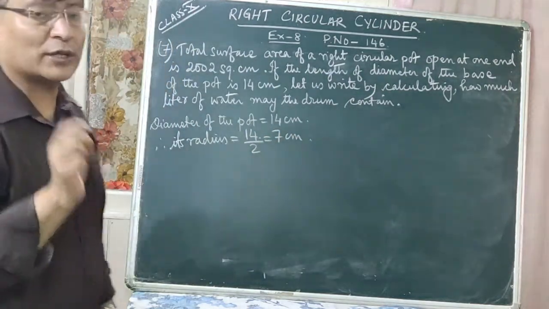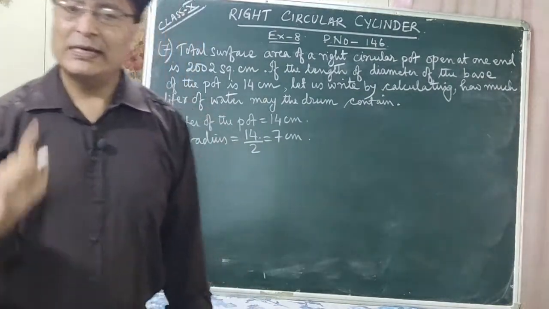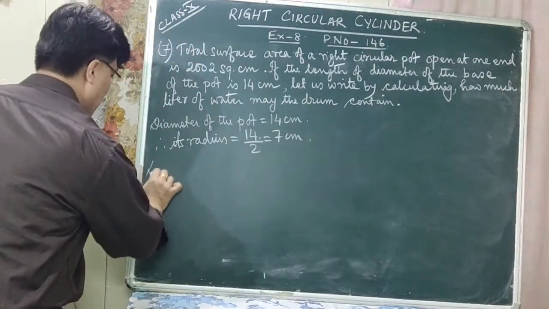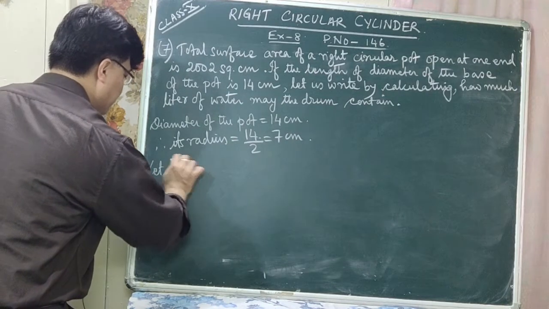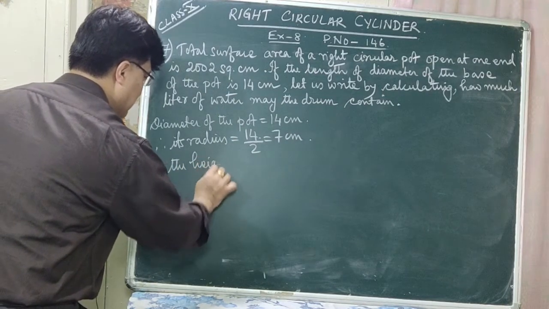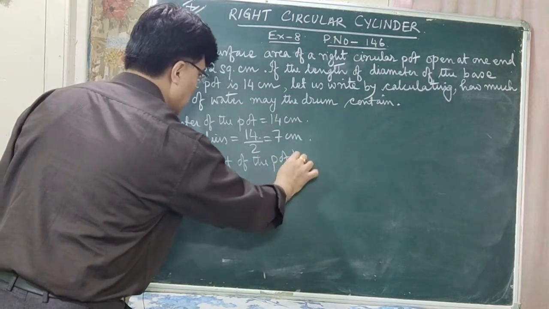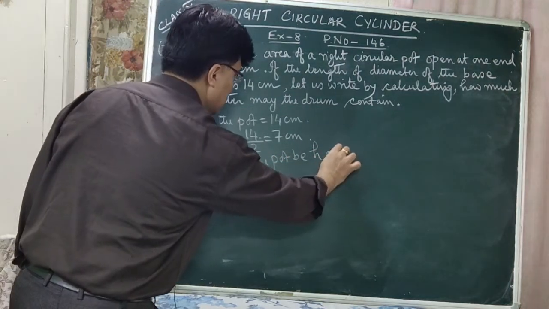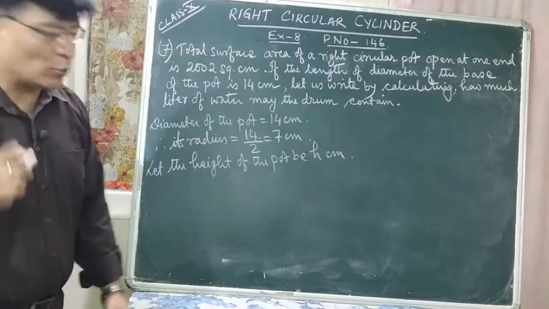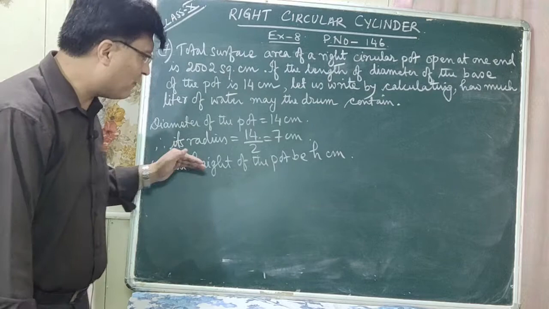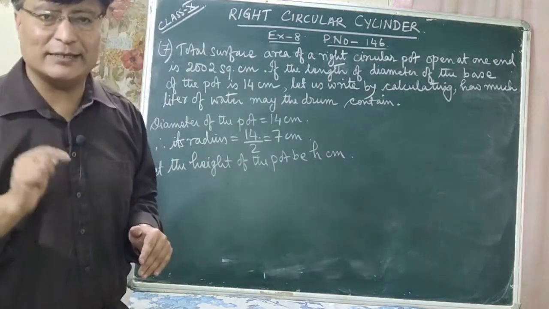We don't know the height of the pot. Let us assume the height of the pot be 8 centimeter. So we know the radius of the base of the pot, that is 7 centimeter, and we have assumed the height of the pot as 8 centimeter.